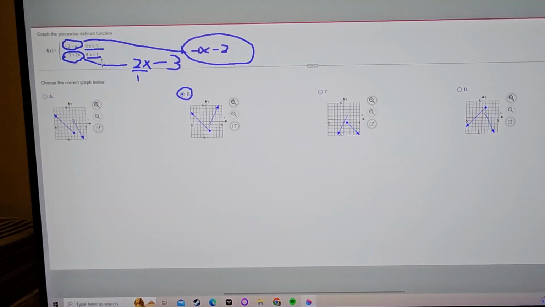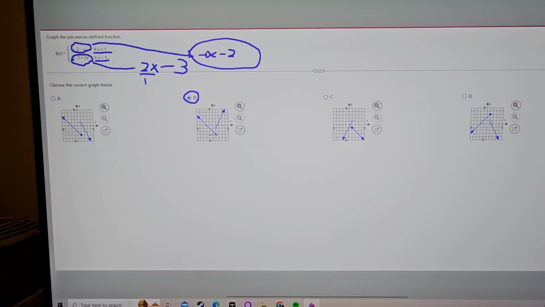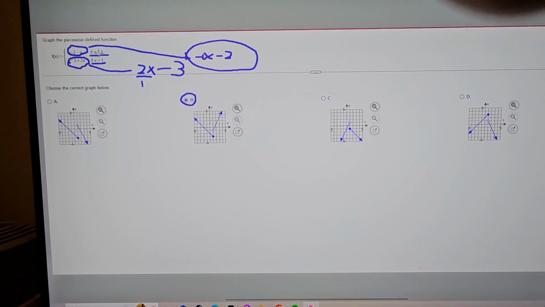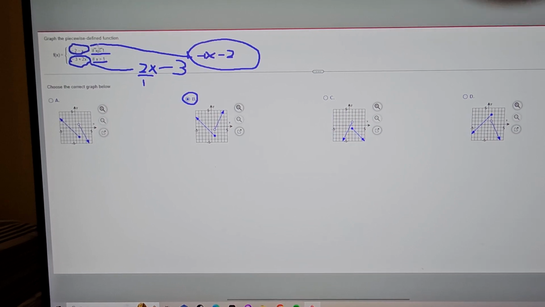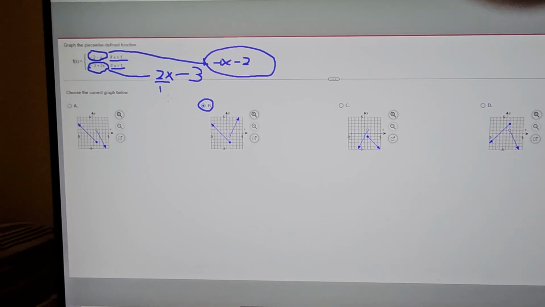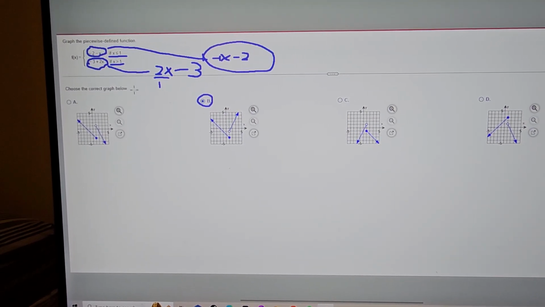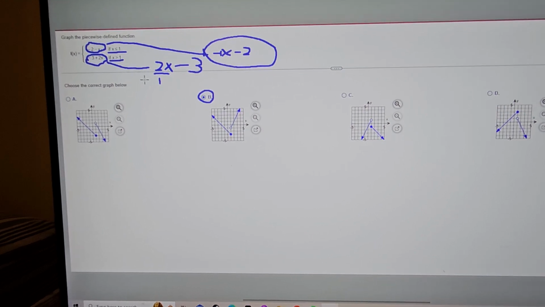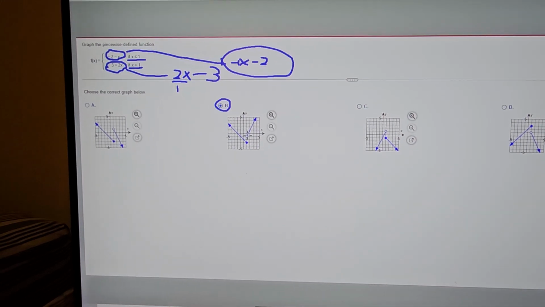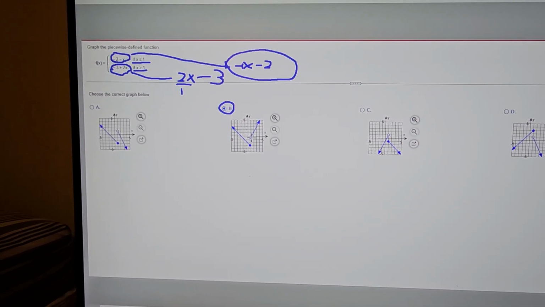Also, you only use the fully shaded starting point when it is equal to, so when it's less than or equal to, or greater than or equal to. Only use it when it's equal to. In this case, we should be looking for a hollow starting point, because it's only greater than 1, and our starting point should be right here, at 1.